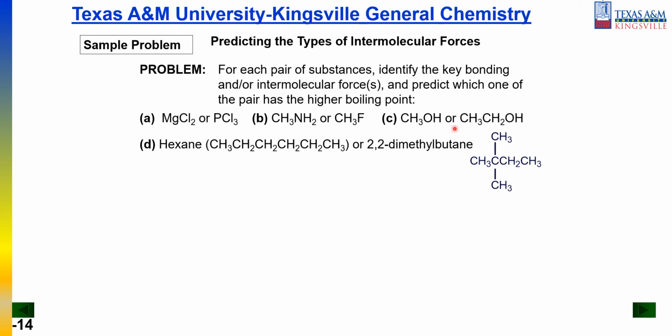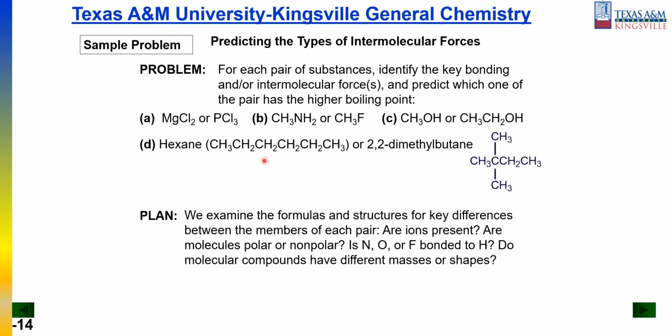I have a couple of groups of compounds. I want everybody to do the comparison: which one has the higher boiling point? I have groups A, B, C, and D. What's our plan? Step 1, we are going to examine the formulas and structures for the key differences between the molecules.